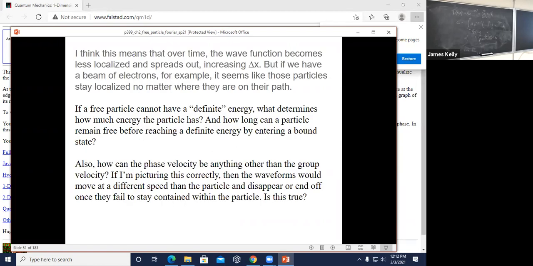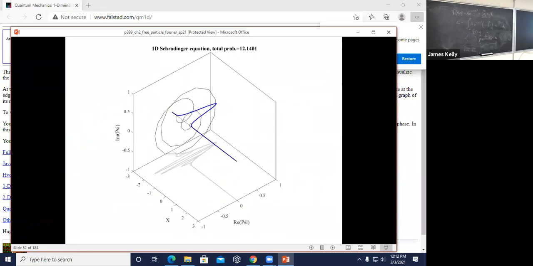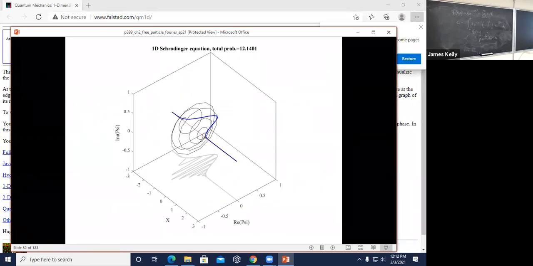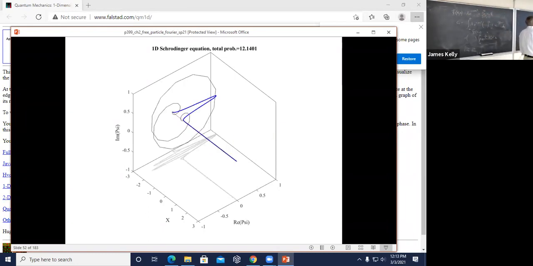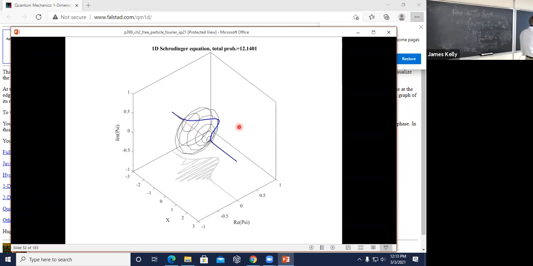Here's a little animation that keeps repeating over and over again. What we're seeing is the envelope, given by the blue shape, and the actual complex wave function as a function of time, given by the black curve, which winds around the x-axis and moves as time goes on. The envelope itself is given by the blue curve.